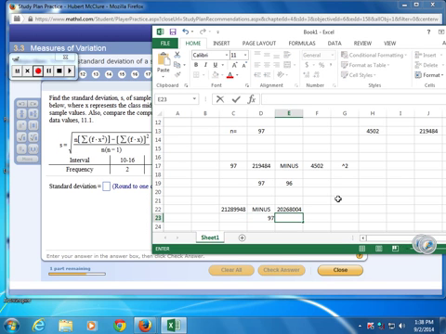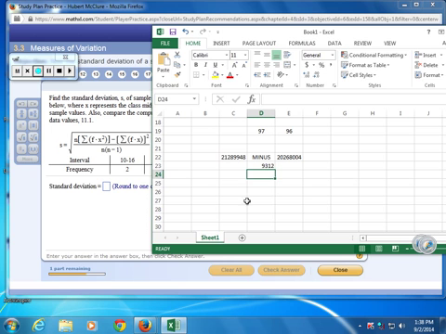Equals 97 times 96. And now this guy minus this guy over this guy. And when we divide that out, we have what we call the what? Variance, Hubert. That's right, class.